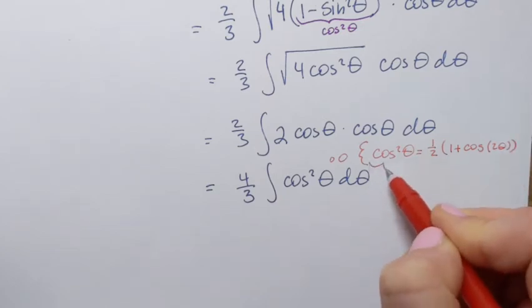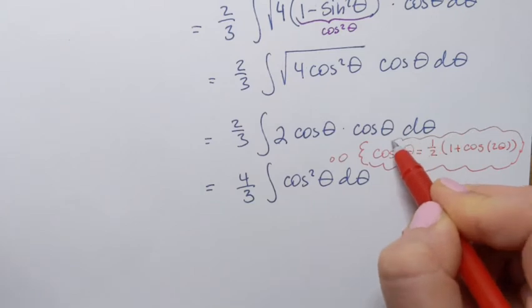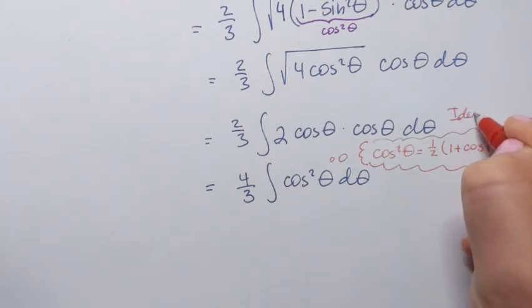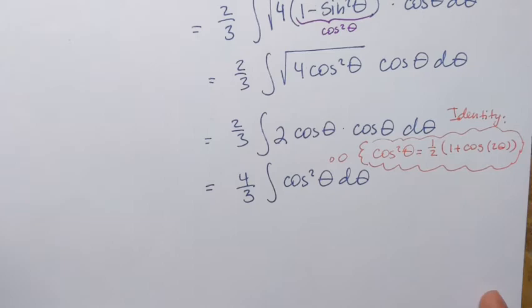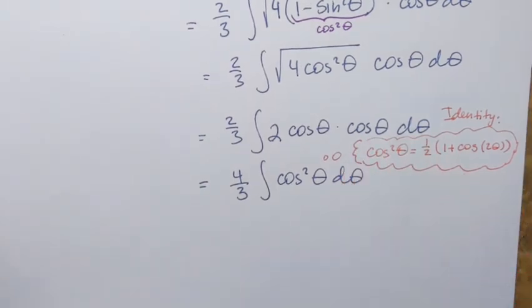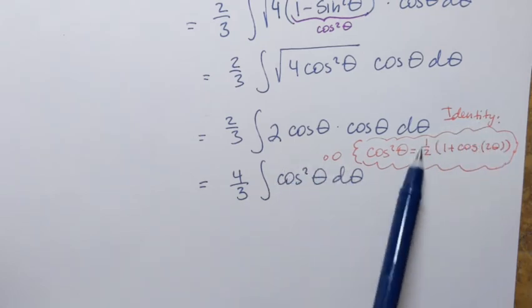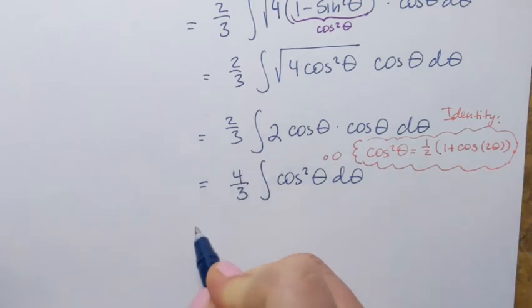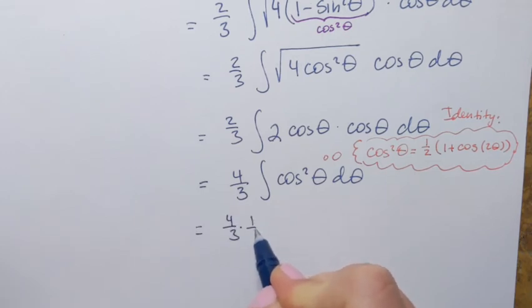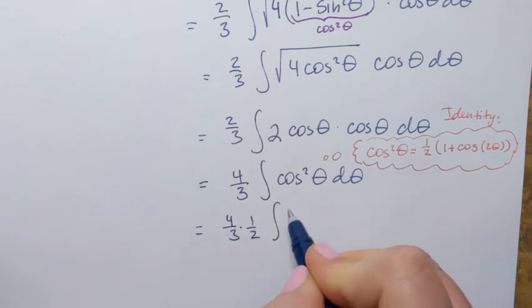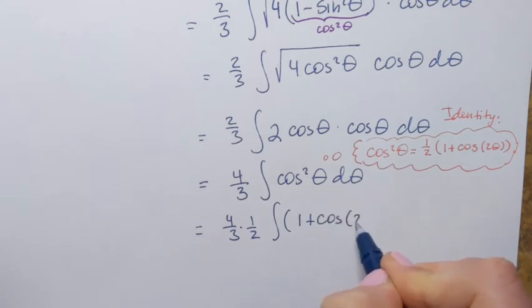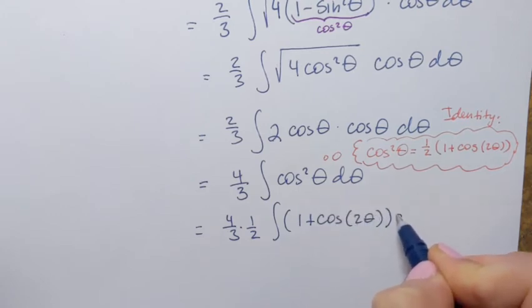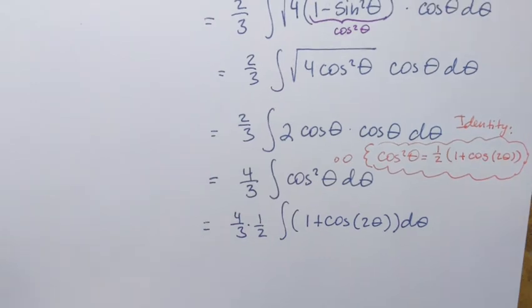That's one of the versions of the half angle identity, but it's a convenient version in this case. So I'm going to be replacing cosine squared with this. That 1/2 in front, I'm going to combine with 4/3. So that's 4/3 times 1/2 and 1 plus cosine of 2 theta d theta.